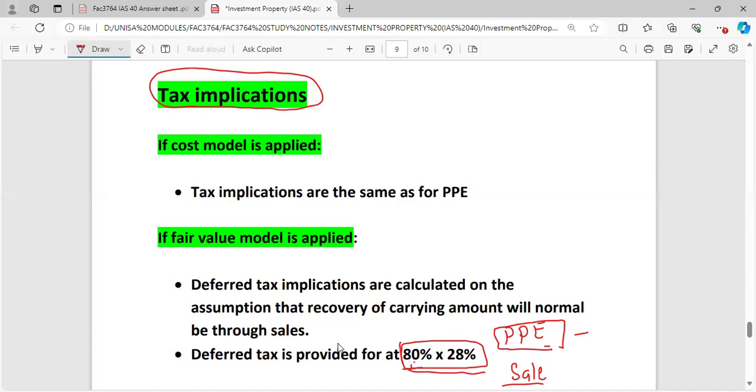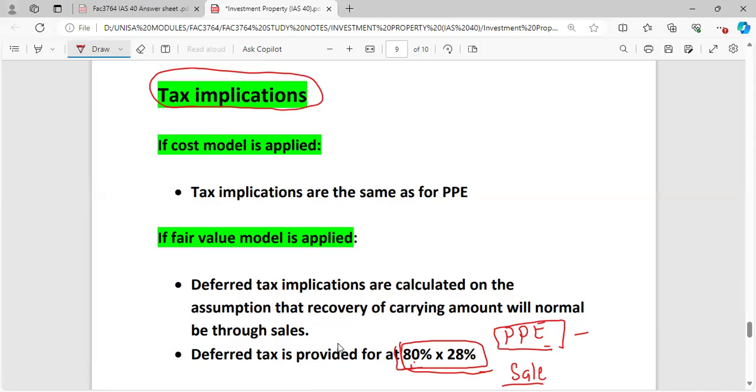So basically, investment property increases in value. That increase in value can only be recovered when you sell it. There is no situation where it can depreciate to nil; it will appreciate, which means the only way to recover it is through sale.